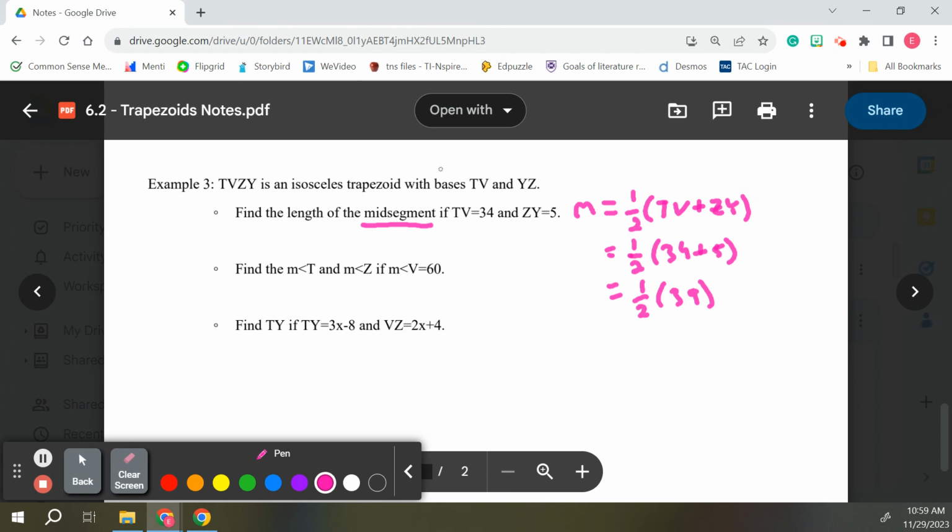What'd you get? I couldn't hear you. Should be 18, right? Is that what you said, 18? Just going to double check, make sure. Yeah, I got 19.5. So that's the length of your midsegment, 19.5.